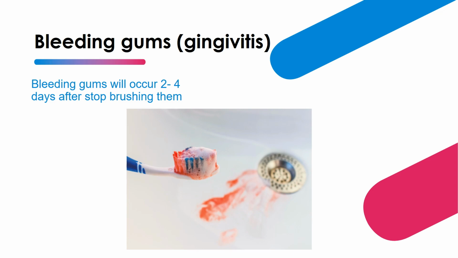The advice to someone with bleeding gums, whether they're being assisted with brushing or not, is that if they persevere with brushing, the bleeding will stop after about 2 to 3 days. Now the advice is to brush the gum margins, and this is where the gum meets the tooth, and not just brush the teeth.